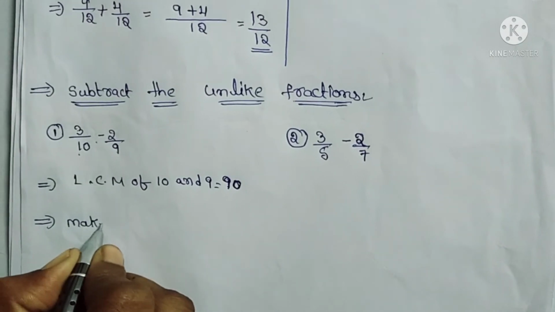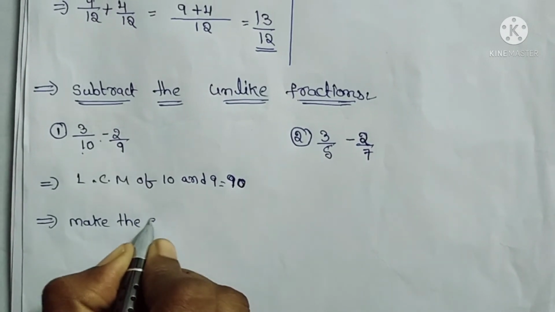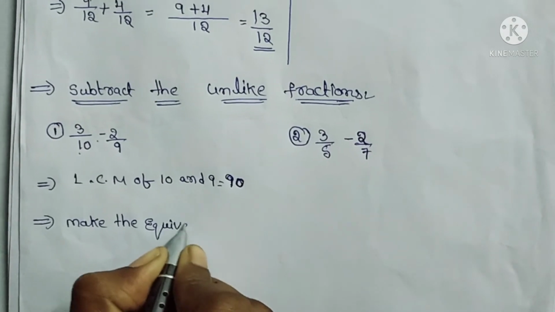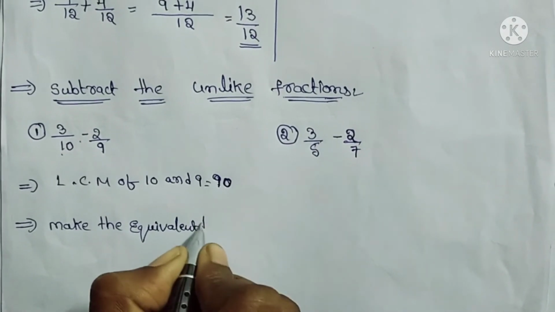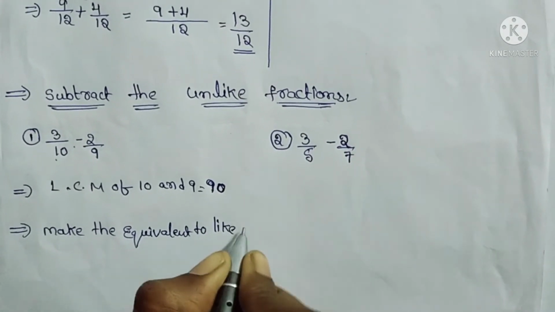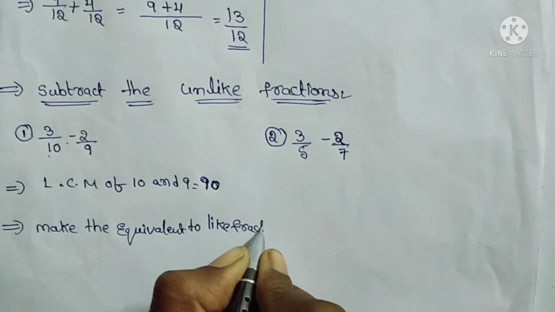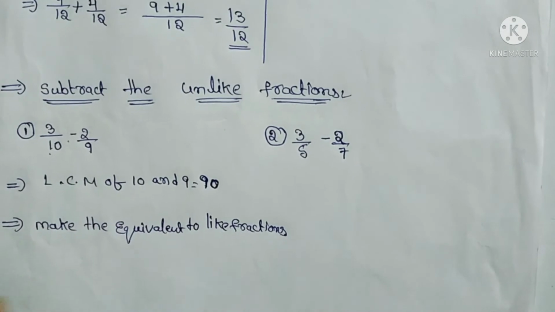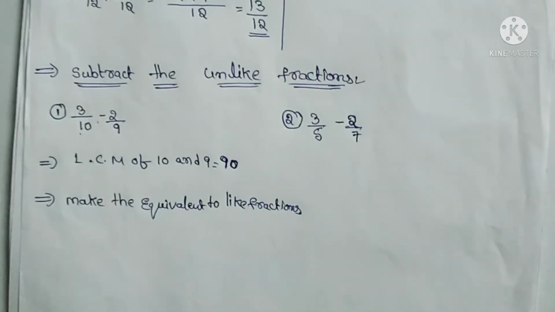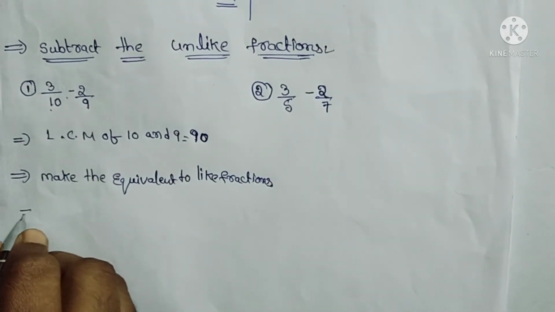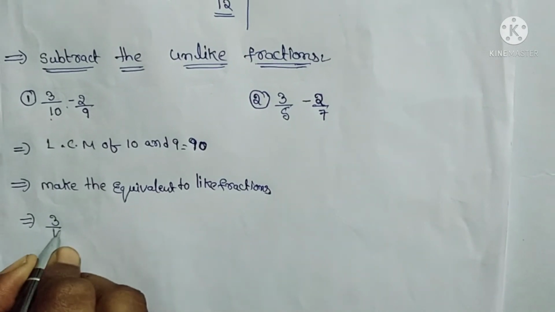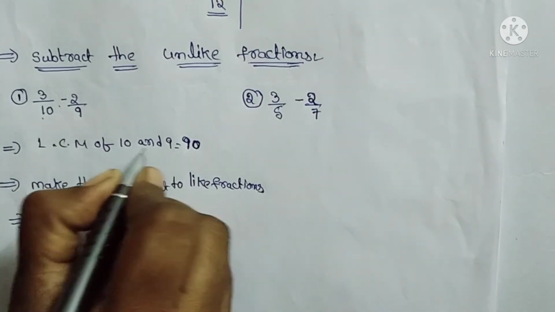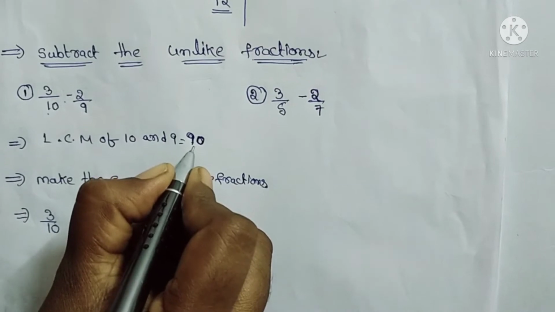Make the denominators equivalent like fractions. For 3 by 10, the LCM of 9 and 10 is 90.